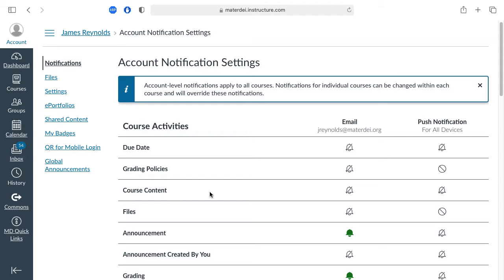If you're the one that likes to have things pop up on your phone, on your iPad, as banners and stuff, you can set up push notifications. If you have Canvas on your phone, other devices, a computer, it will push it out to all your devices. Sometimes that's a bit much. I'm sure with a phone and other devices, you realize, yeah, I want this, I don't want that. Here's where we do it in Canvas.